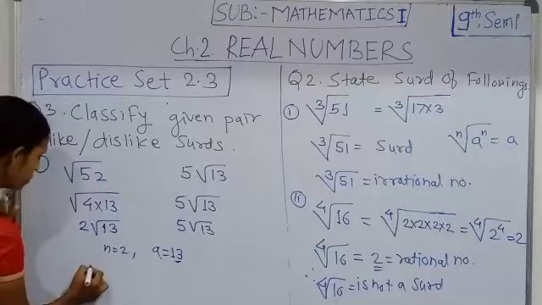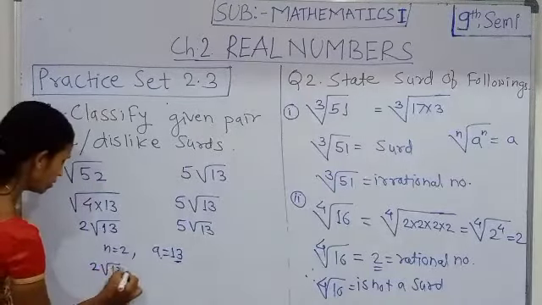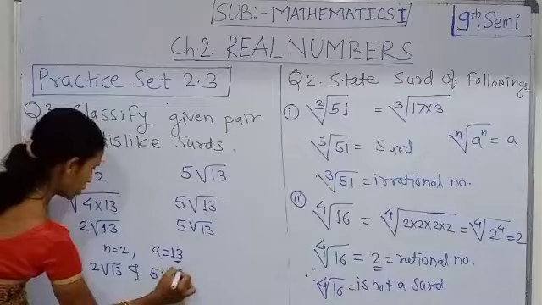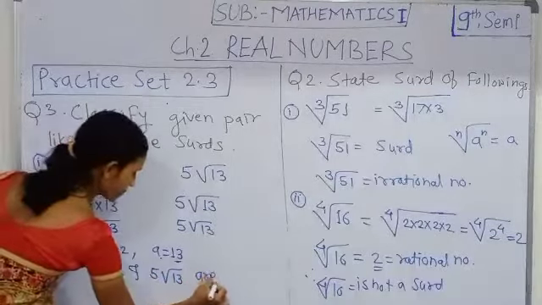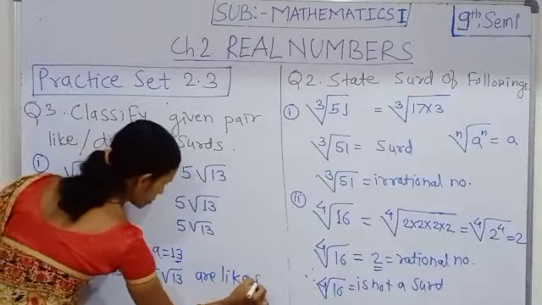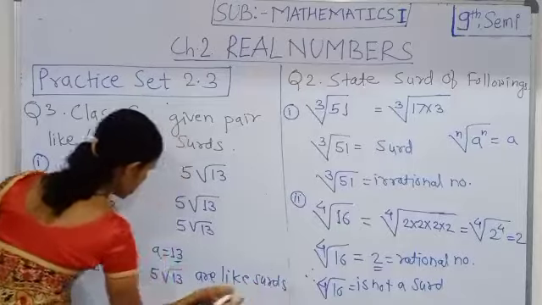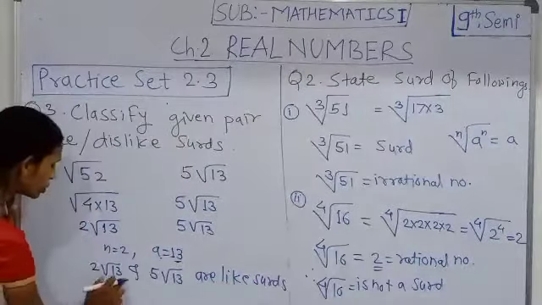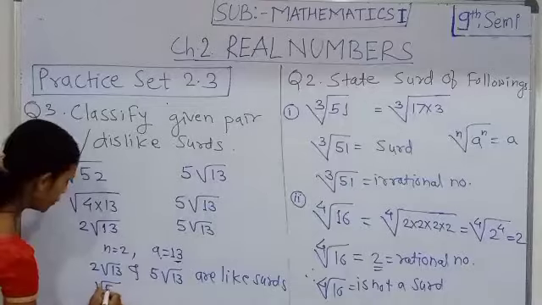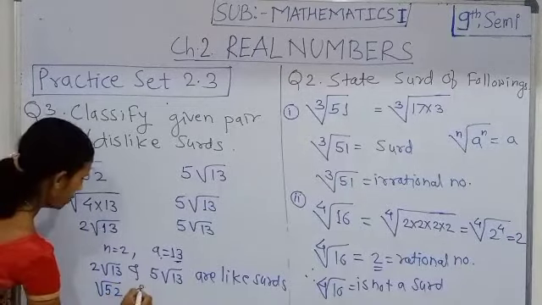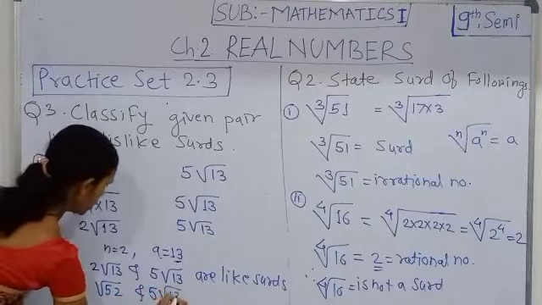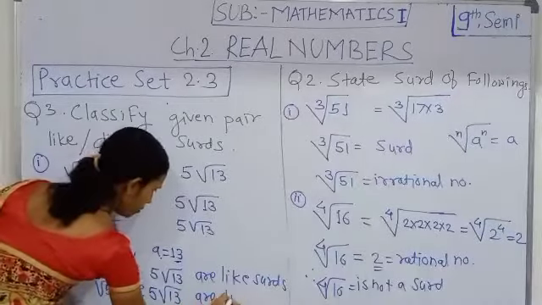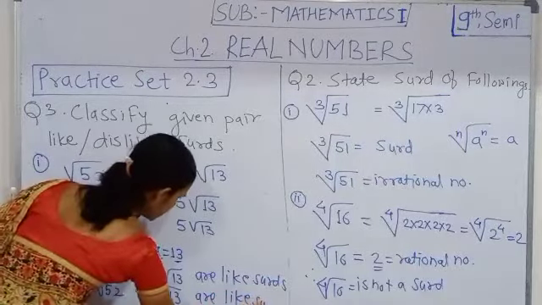Therefore 2 root 13 and 5 root 13 are like surds. That means root 52 and 5 root 13 are like surds.